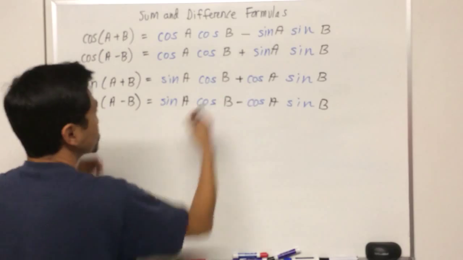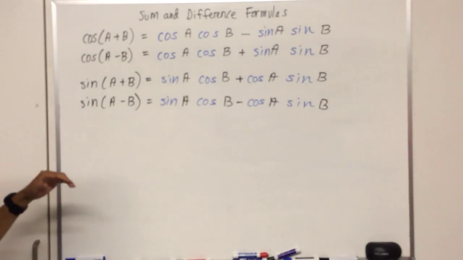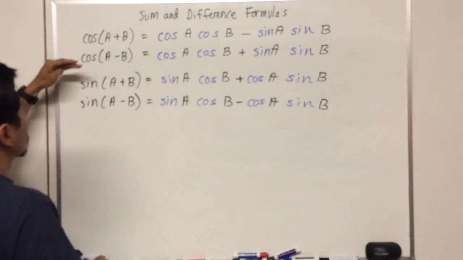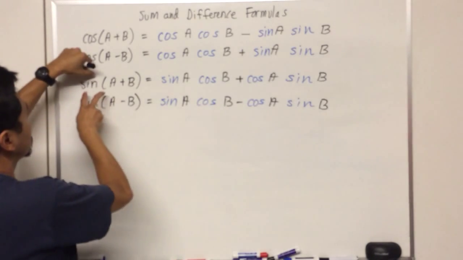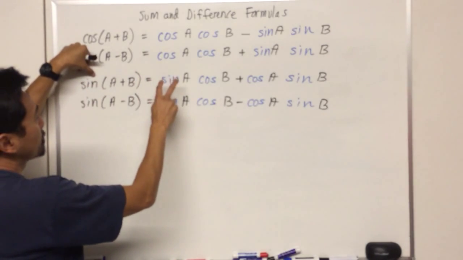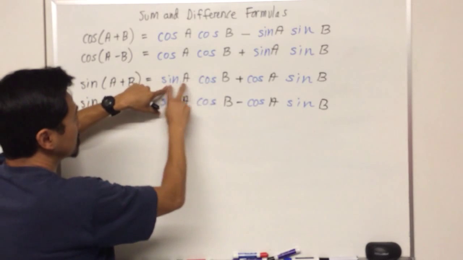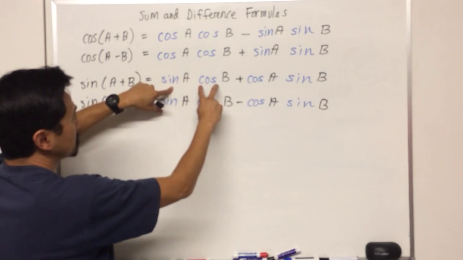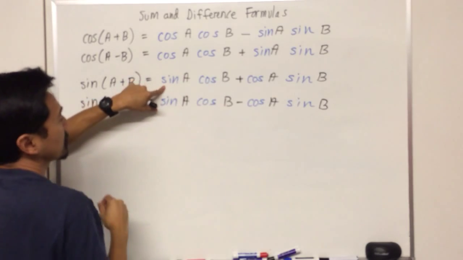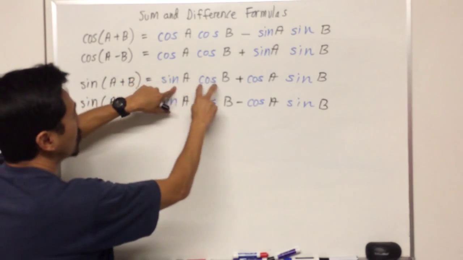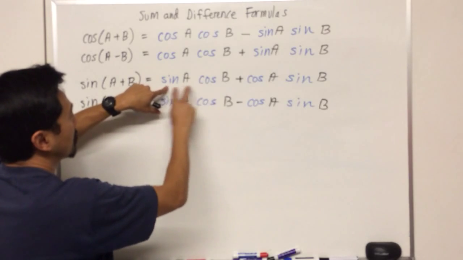Okay? And the sine functions are very social creatures. So they will force themselves to intermingle with functions that are not like them. Okay, so the sine functions want to get mixed in with other functions.